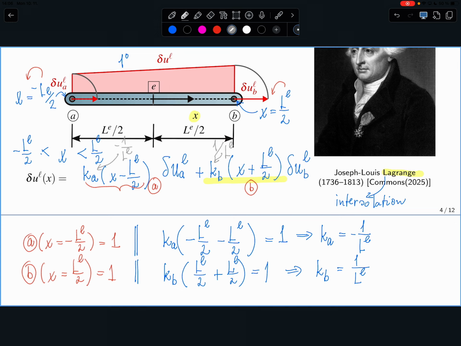So if I just do the standard manipulation, what I will eventually find out is that the first contribution is this times that, just to have the positive value first, from which I will subtract this x over LE and multiply delta UA in the local coordinate system, plus, and now I need to divide everything by the length.